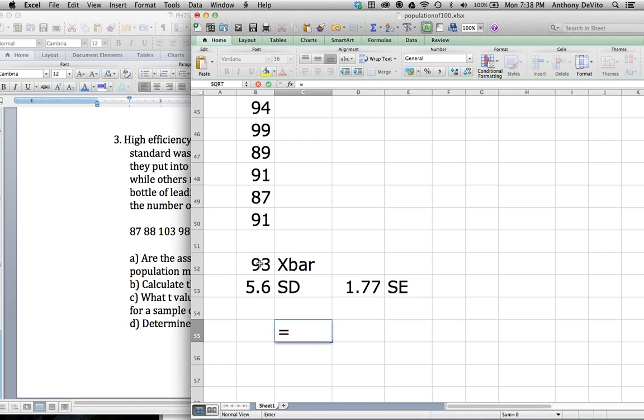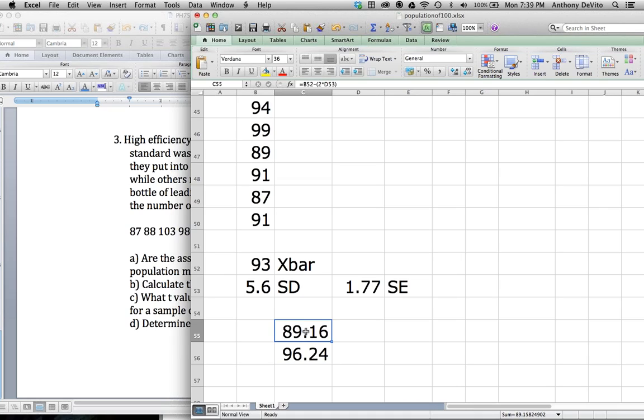So that's going to be equal to 93 minus 2 times 1.77, or 89.16, or 93 plus 2 times 1.77, or 96.24. There's 2 cheats there that I just did.